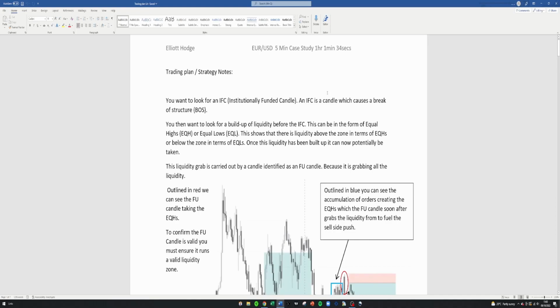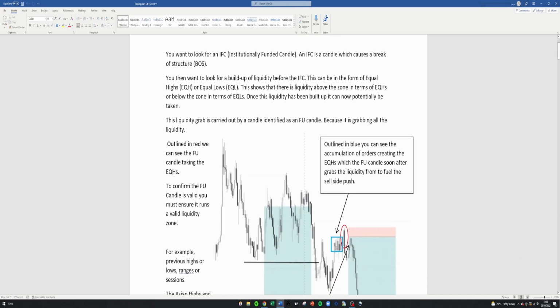Basically what they look for is build-ups of liquidity and institutionally funded candles. Liquidity can be found in the form of either equal highs or equal lows.